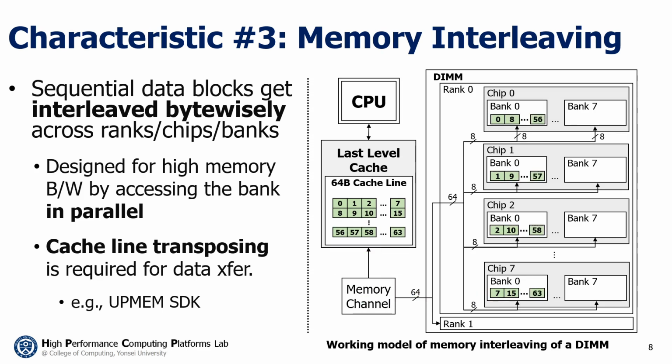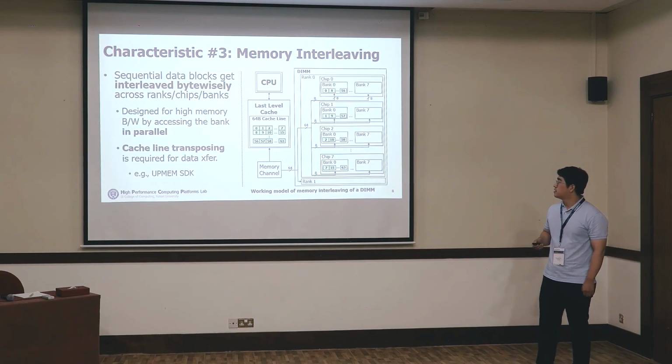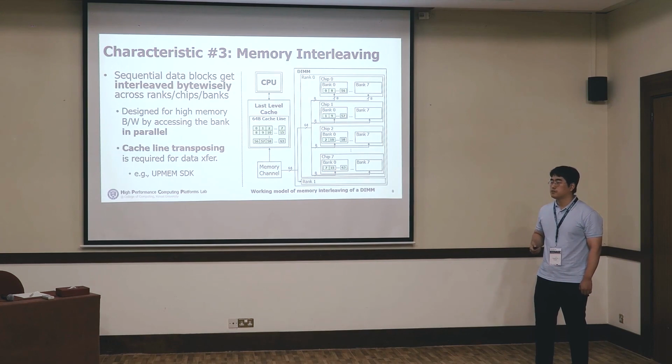As you can see, the bank on chip 0 gets the data indices 0, 8, 56, and the bank on chip 7 gets the data indices 7, 15, 63. So from the point of view of the in-DIMM processor, they cannot interpret the data directly. There is a need for cache line transposing for each data transfer, and the UPMEM SDK already implements this for data transfers.